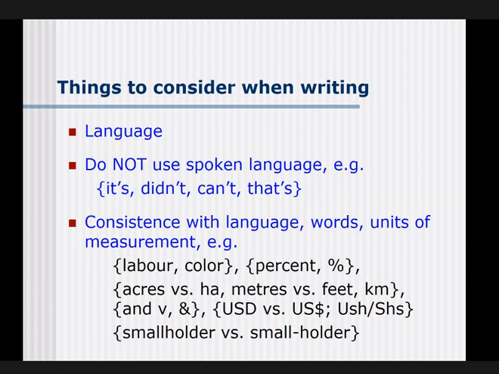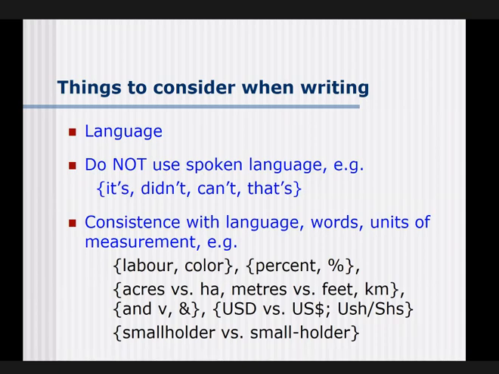Three, be consistent with the language. Of course, I am emphasizing it. Be consistent with the units and be consistent with the presentation. The units, I mean units of measurements. And here I give examples.